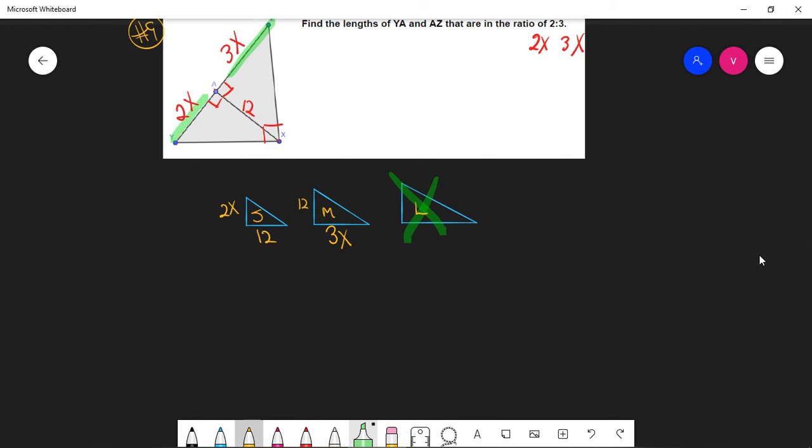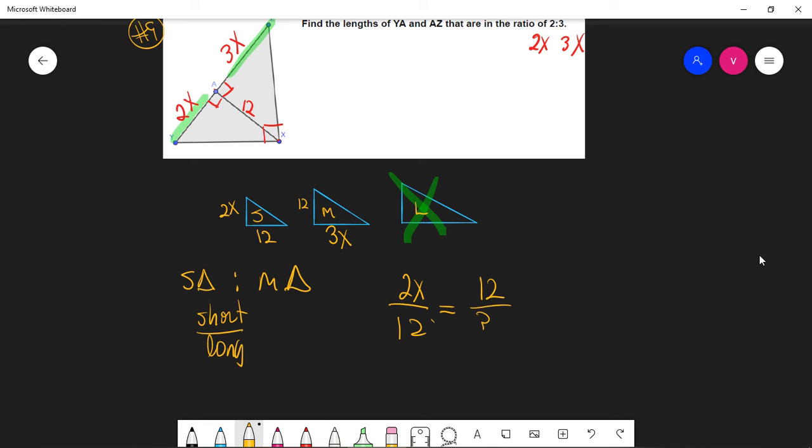So we're going to do the small triangle to the medium triangle and just short leg over long leg on both of them. Okay, so on the small triangle, short leg divided by long leg on the small triangle is equal to short leg on the medium sized triangle divided by the long leg of that.